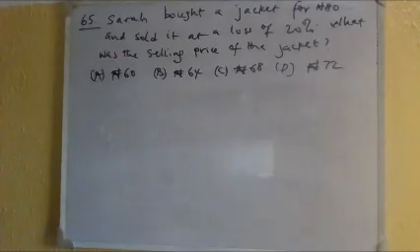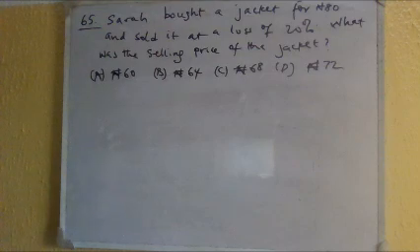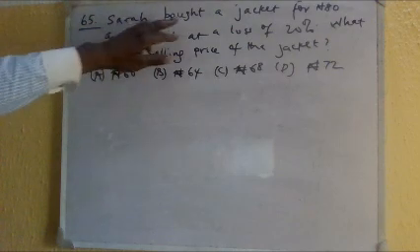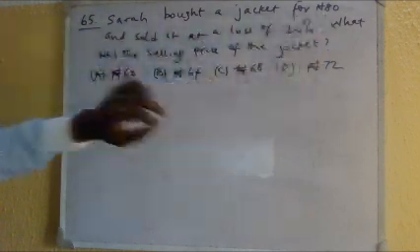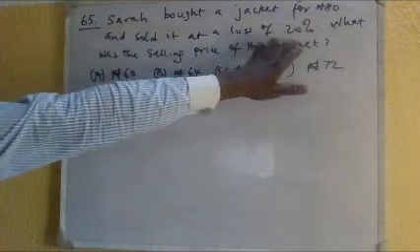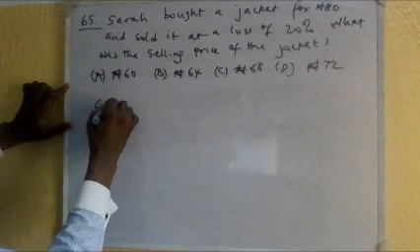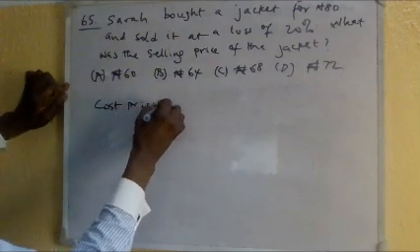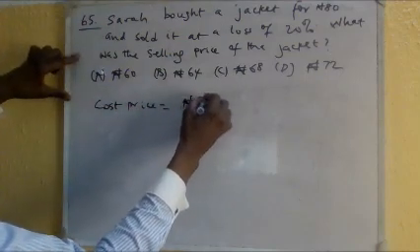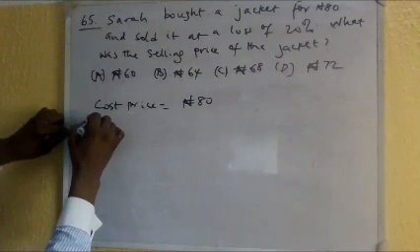Okay, so we have a question on the board, number 65. It says, Sarah bought a jacket for 80 naira and sold it at a loss of 20%. What is the selling price of the jacket? So the cost price from the question is 80 naira, and there was a loss.